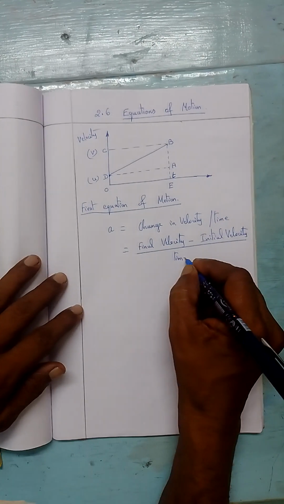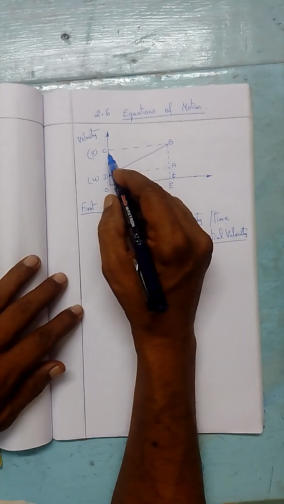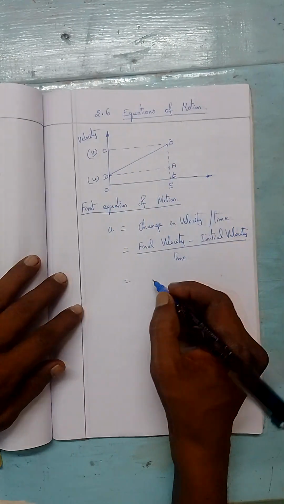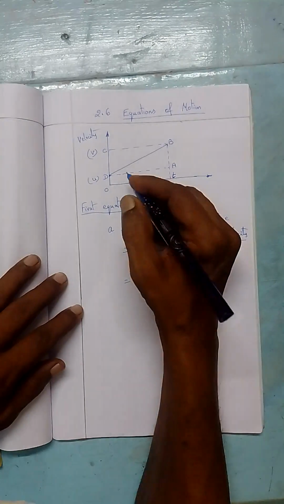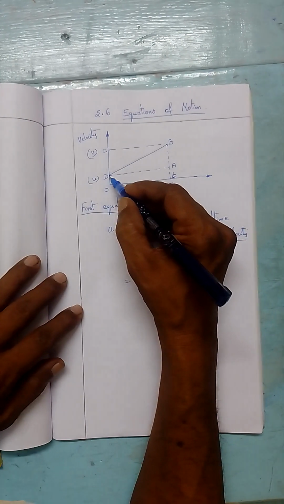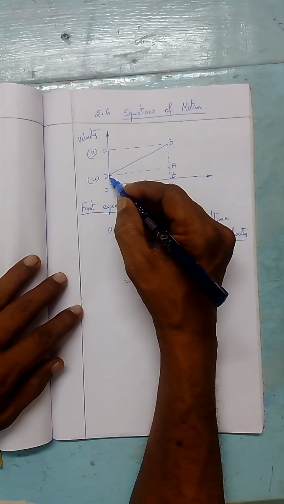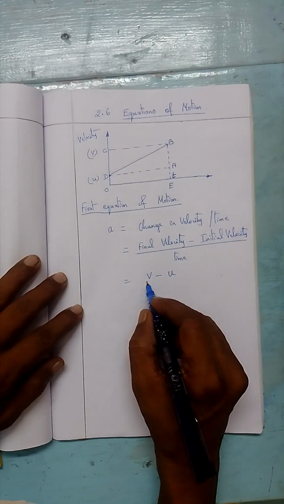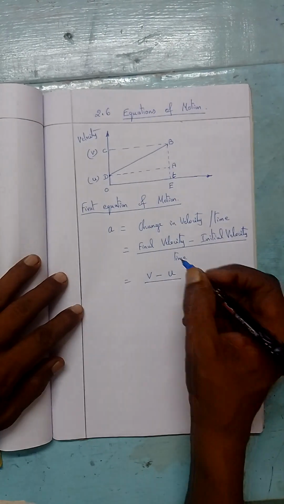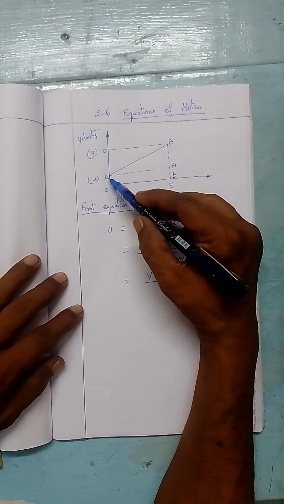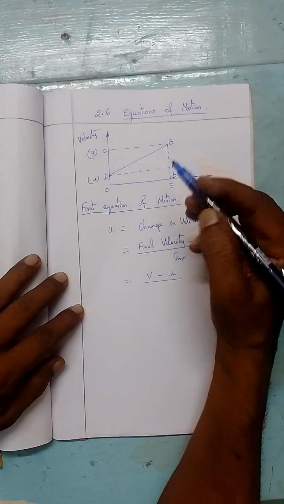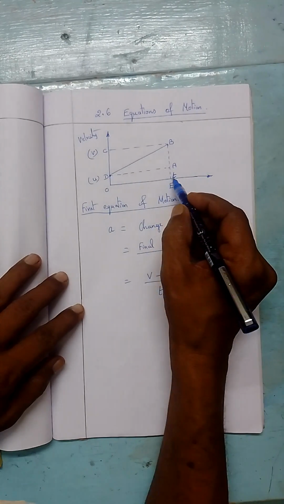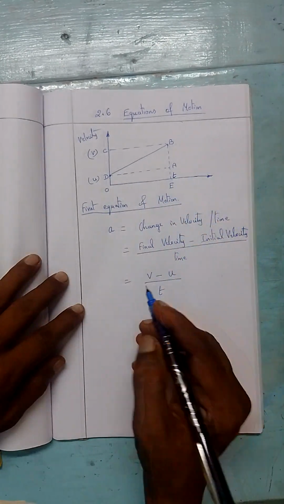Now what is the final velocity? At the point B we have the final velocity as v, minus the initial velocity. The object starts from D, so at that point it has some initial velocity, that is u. To reach the final velocity from the initial velocity, it takes a time t, so divided by time t. This t is nothing but the distance OE.